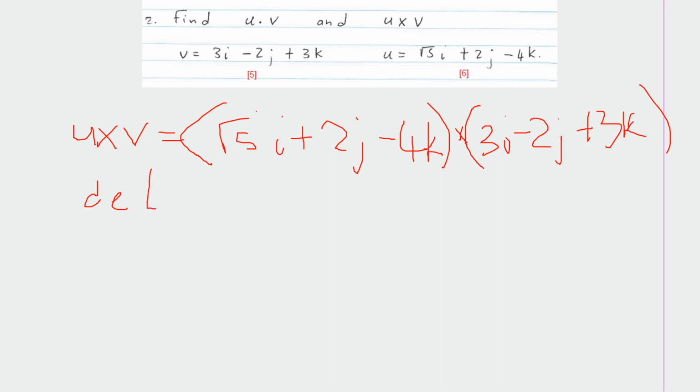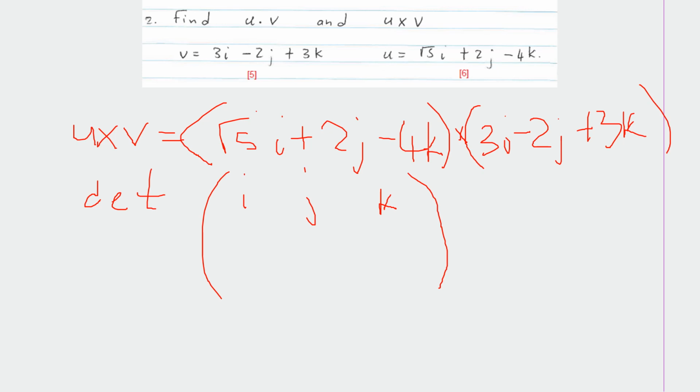On this determinant, you will have i, j, and k. Remember, this is a three-dimensional vector, so i, j, and k represent the direction of i, the direction of j, and the direction of k.